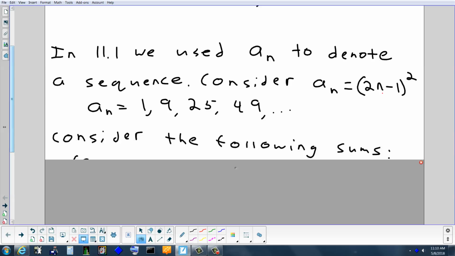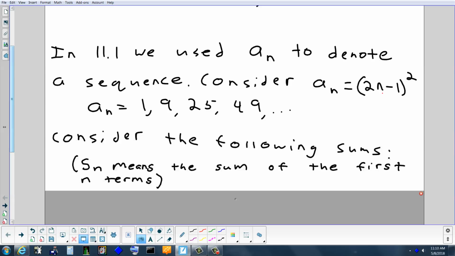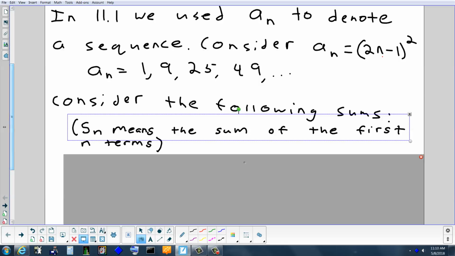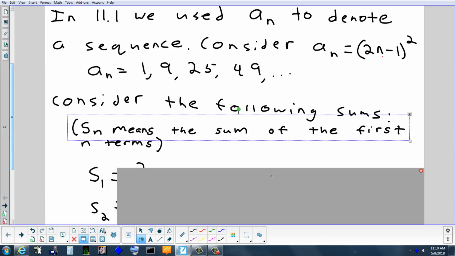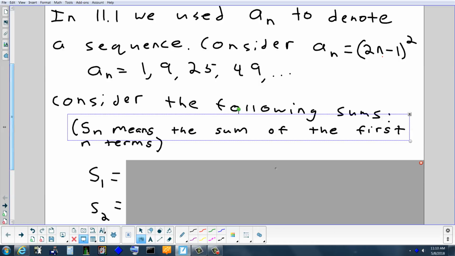Now we're going to add up some of these numbers that I just wrote down. The notation we're going to use is capital S sub n. What that means is the sum of the first n terms. S sub 1 would mean take the sequence that we have and add up the first 1 terms.